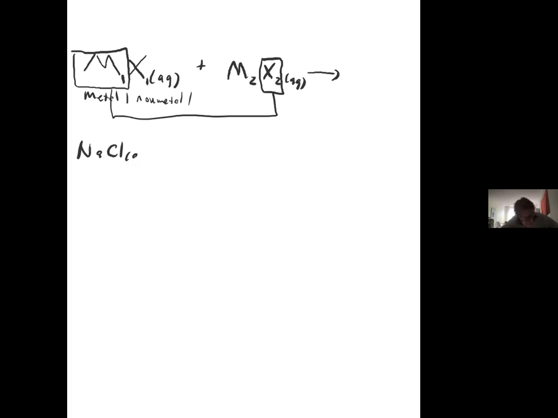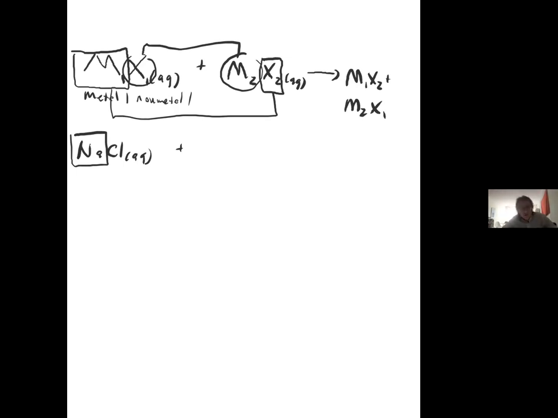NaCl, right? So here your M1 would be Na+. And then I'm going to react that with this other one. So you get M1X2 plus, I'll circle these ones, M2X1, right? They're switching partners.